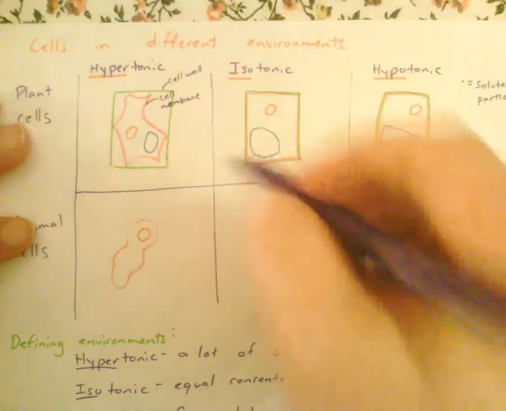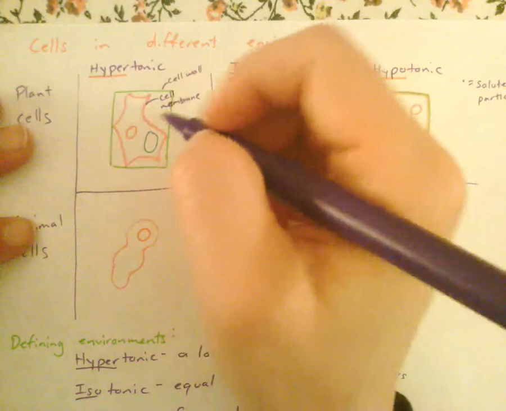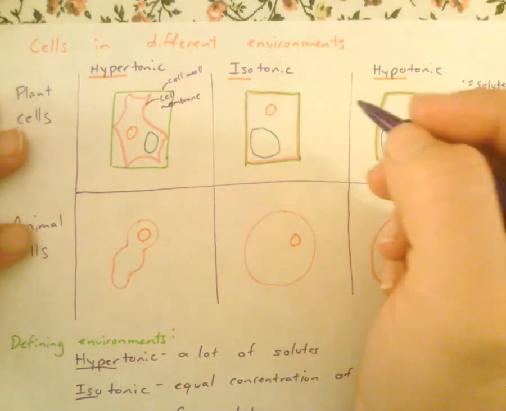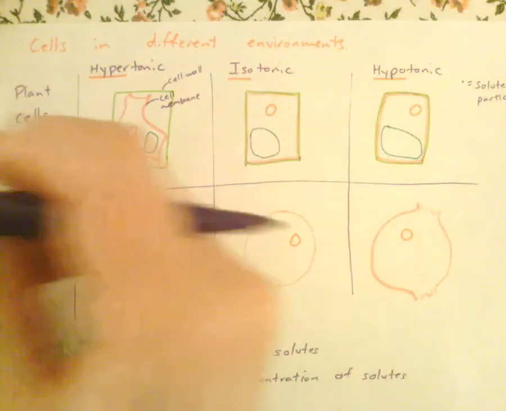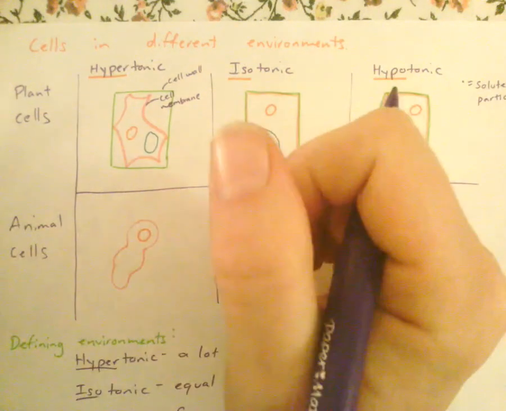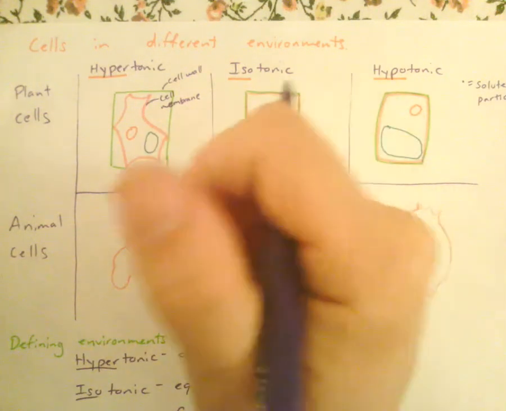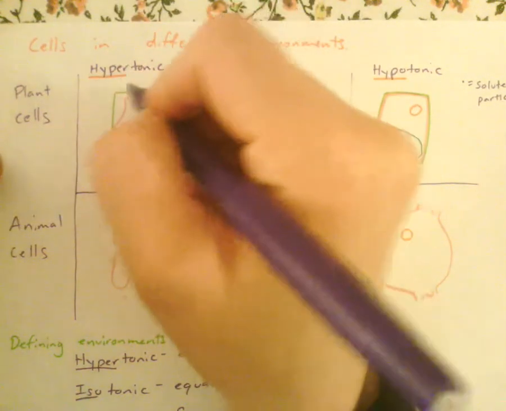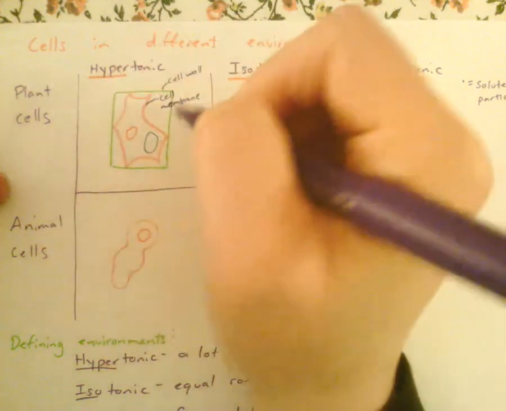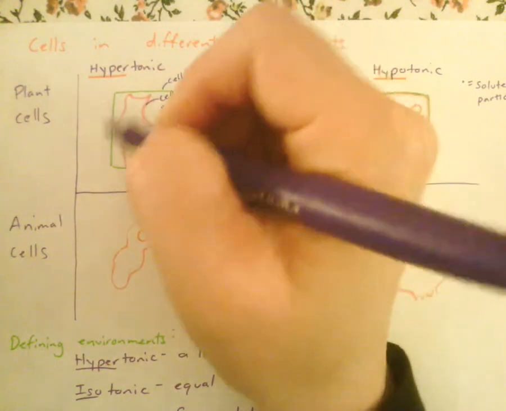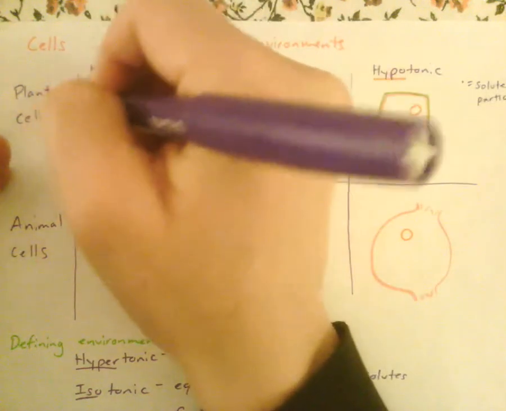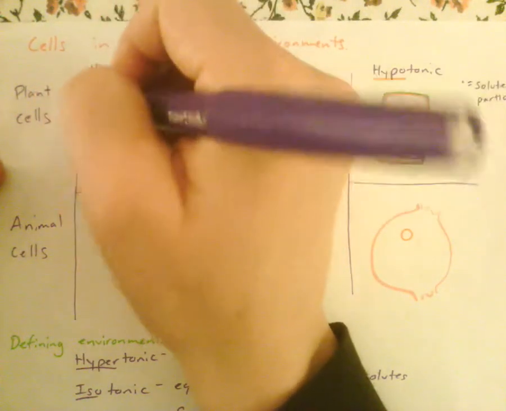Now we're looking at this hypertonic environment. If you think about the word hyper, like a person who is hyperactive, it means they've got a lot of energy. When we're looking at hypertonic, tonic refers to the environment or the solution the cell is in, like tonic water. That's the liquid that we have this cell submerged in.